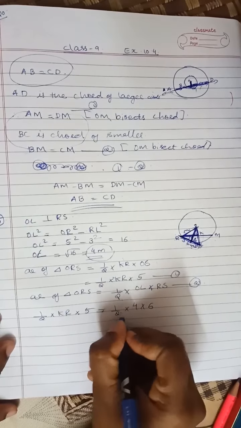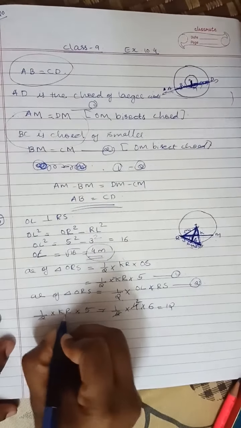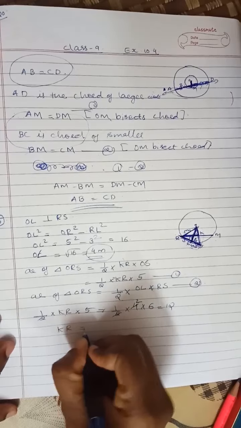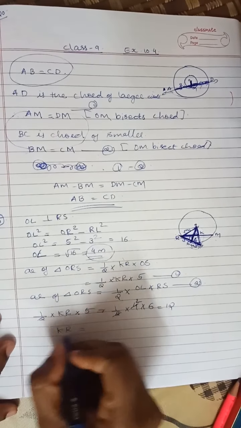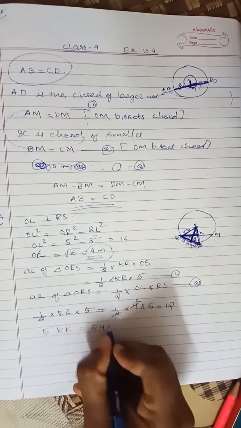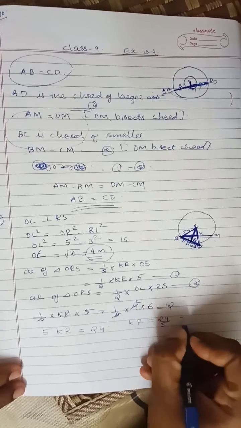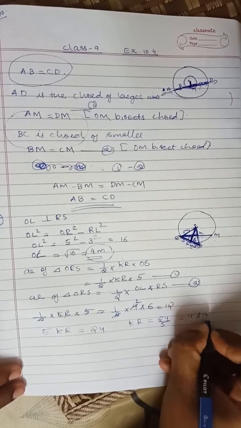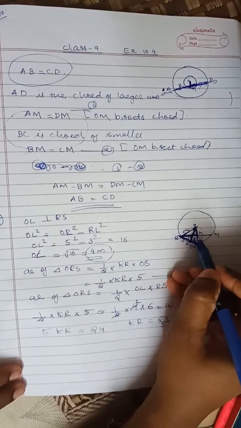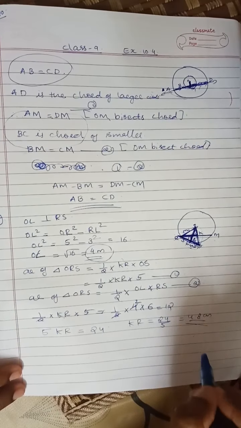So we can cancel these two, and it will be equal to 12. So half into KR into 5 is equal to 12. We can calculate KR from this. 5 KR is equal to 2 into 12, which is equal to 24. So KR is equal to 24 divided by 5, which is equal to 4.8 meter. Now we get KR, this line.